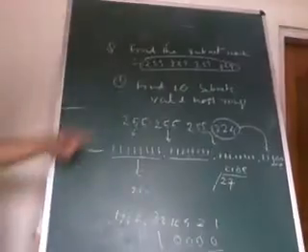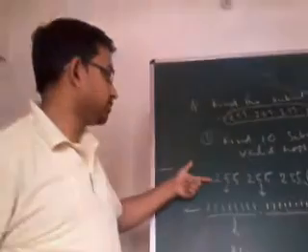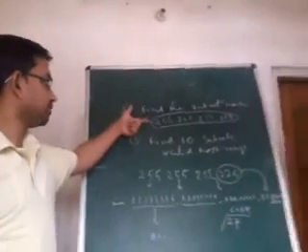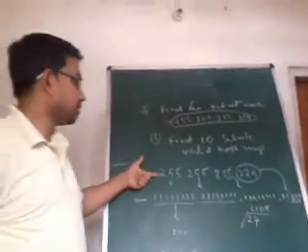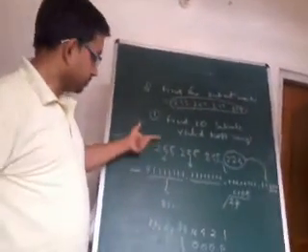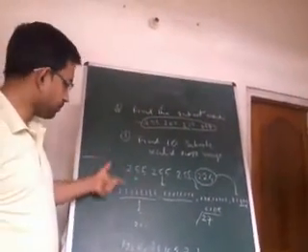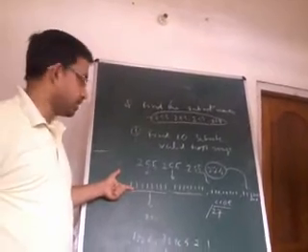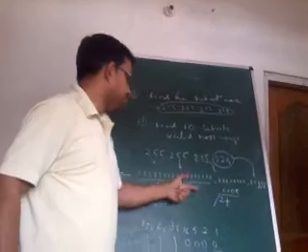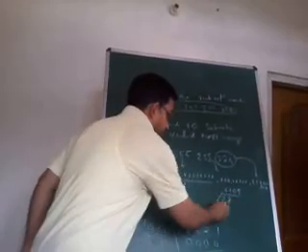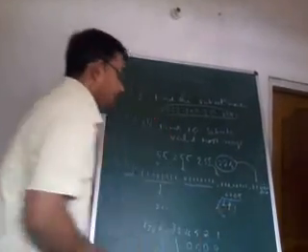As simple as this. Again, I am repeating: if the subnet mask is given, find the binary equivalent, and after the binary equivalent, you get 27.